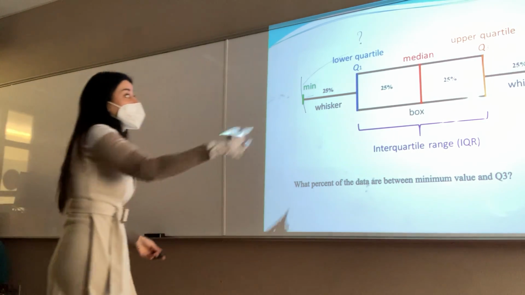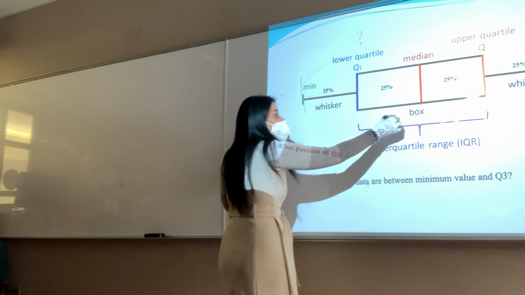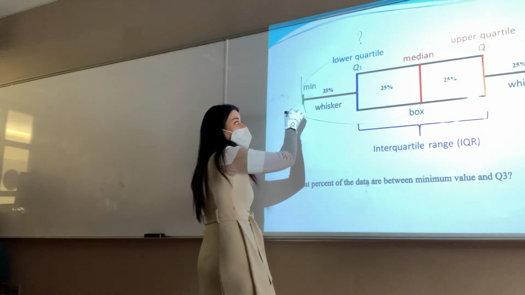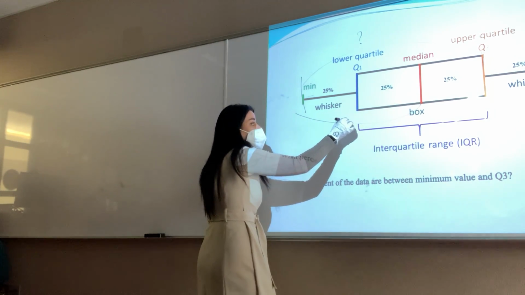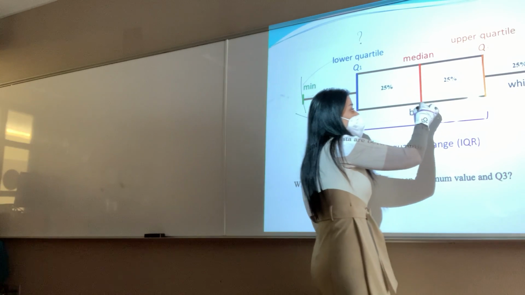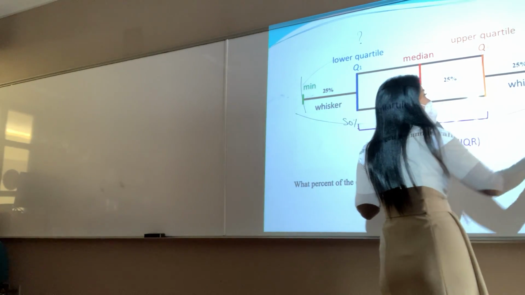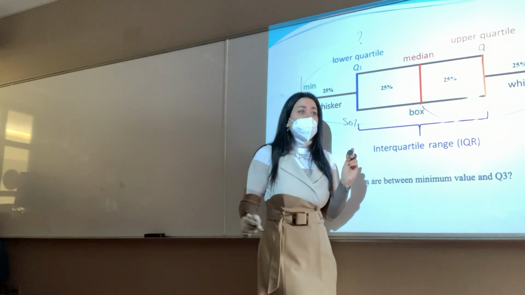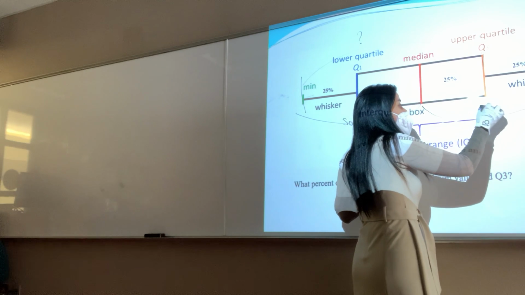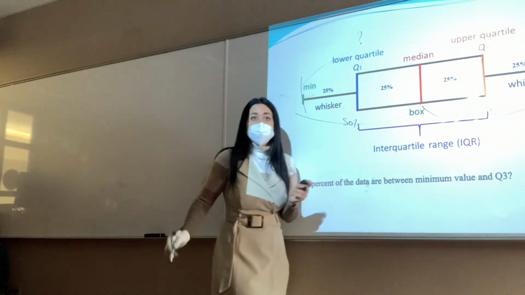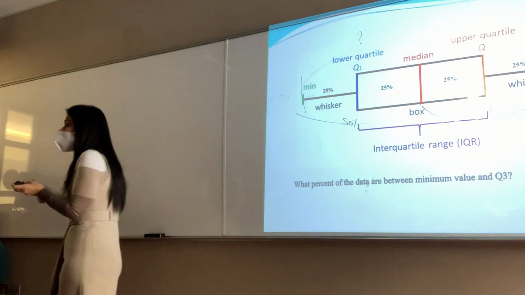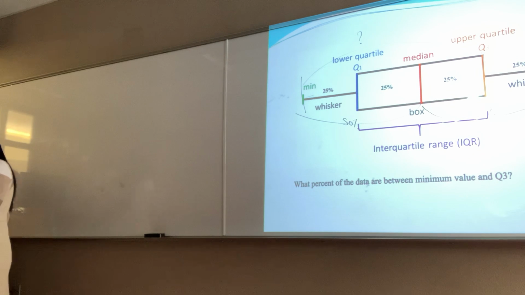And now you see easily that all the observations before the median will be 50% of all the observations. On the left side of the median we have 50% of observations, right? Good? So in this way, we are dividing the distribution.